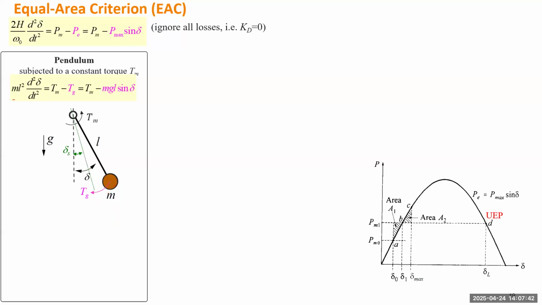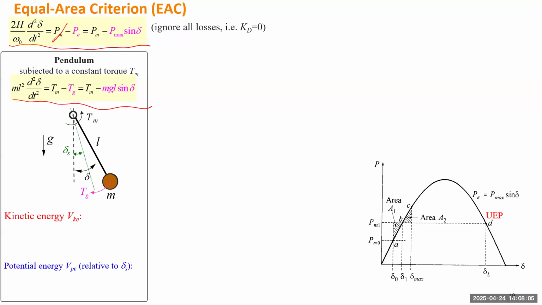Okay, so if you compare this equation to the single machine feedback system, they have exactly the same form. Which means a single machine feedback system can be considered as a pendulum subjected to a constant torque. If the synchronous generator has no mechanical power, that will be the same as a conventional pendulum.